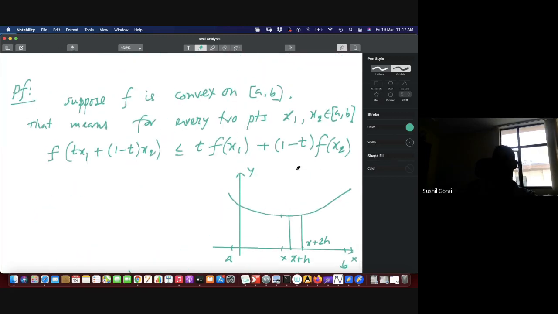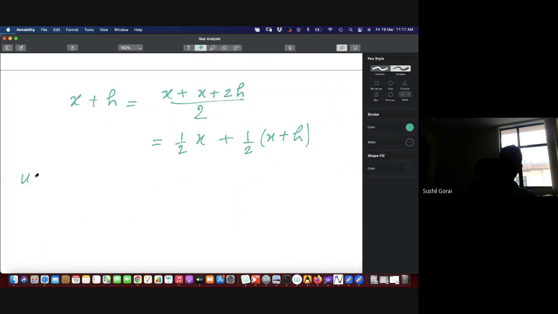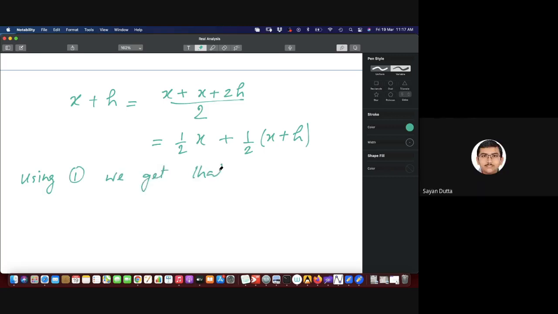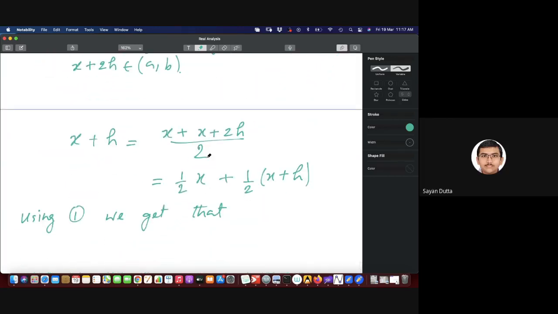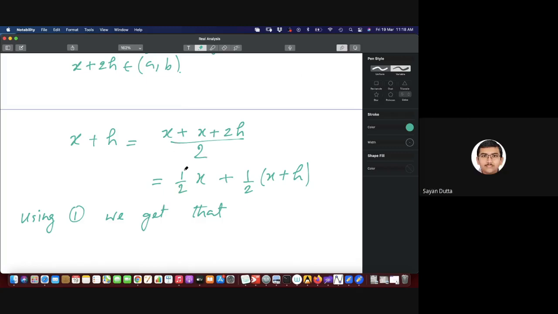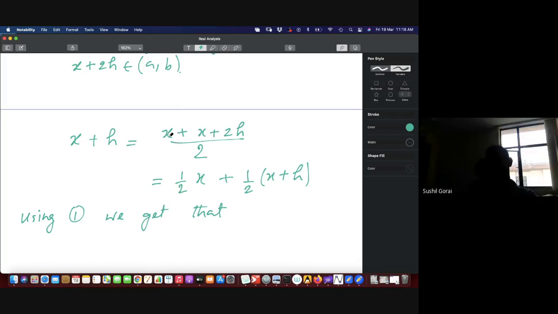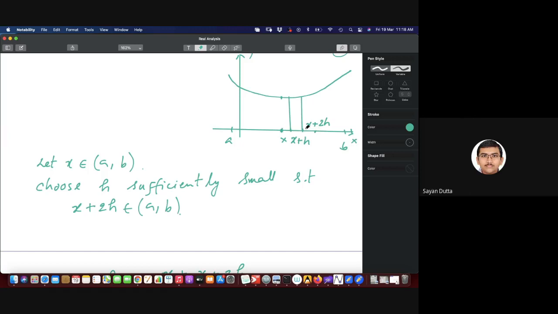And now we can use this one. So using 1, we get that. Sir, in the previous line, it will be half x plus 2h, isn't it? No, see here, x is a point and x plus 2h is a point.